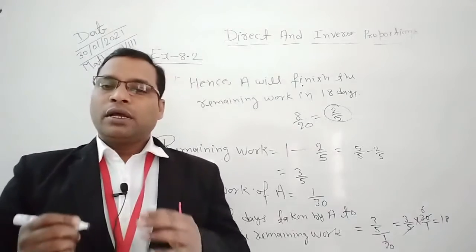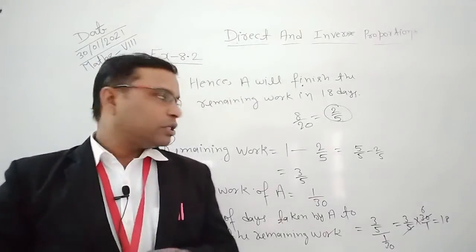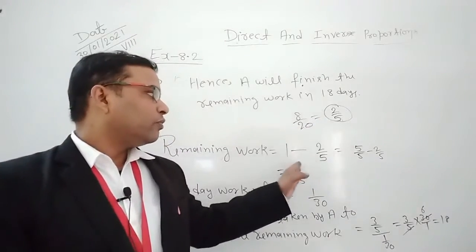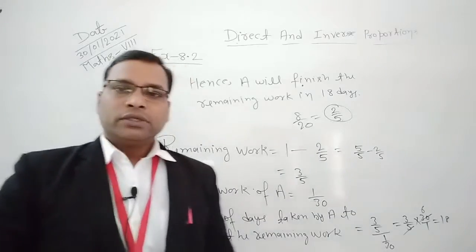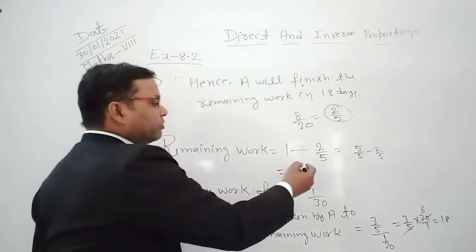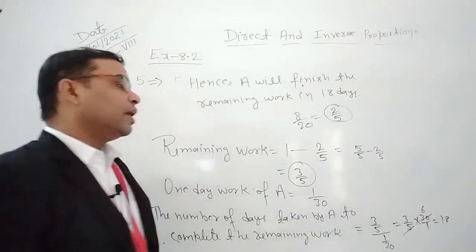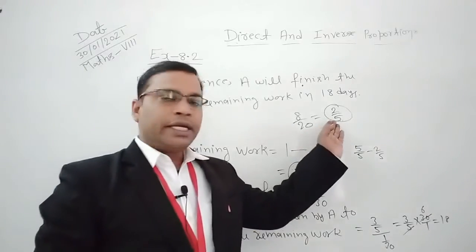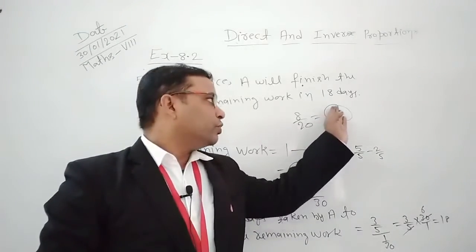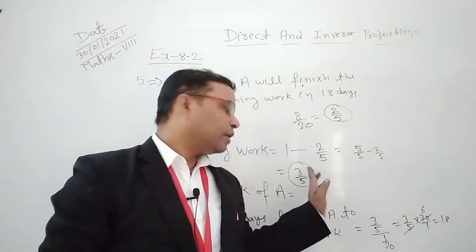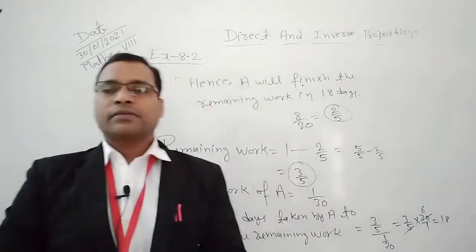So what is the remaining work? If you subtract 2 by 5 from 1, then you get the remaining work. So here the remaining work we have is 3 by 5, and the work completed by A and B in 8 days is 2 by 5.